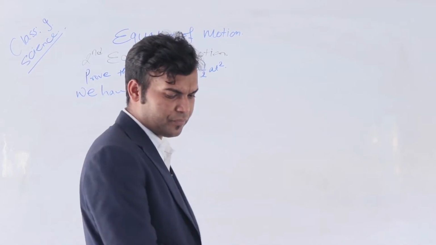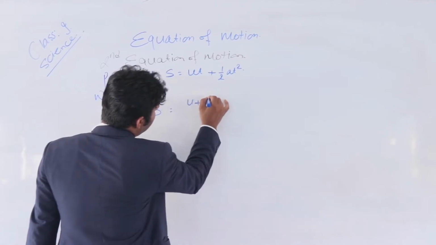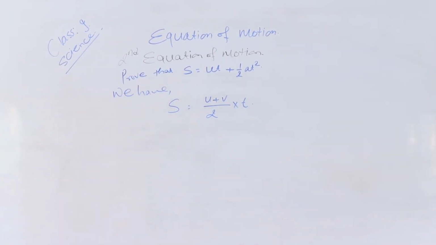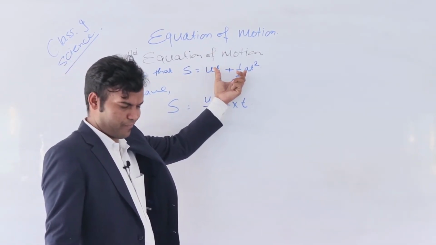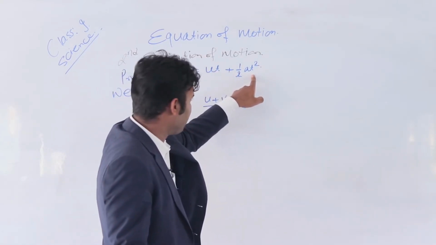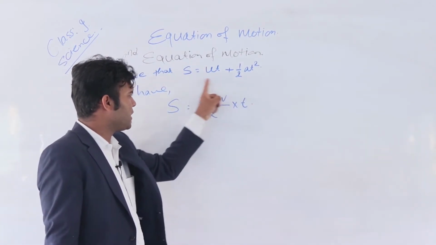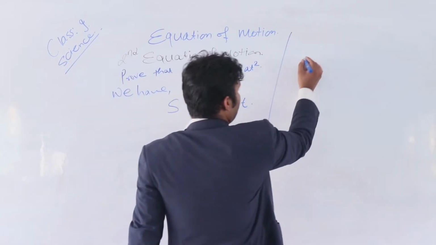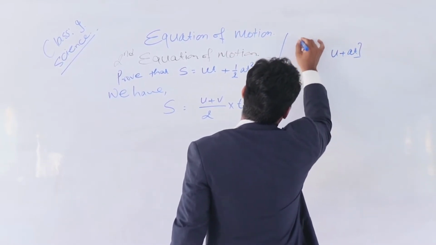Dear friend, you should remember the right-hand side of the equation first. There is no final velocity in the result, so you can remove the final velocity from this part. We know V is equal to U plus AT from the first equation of motion.